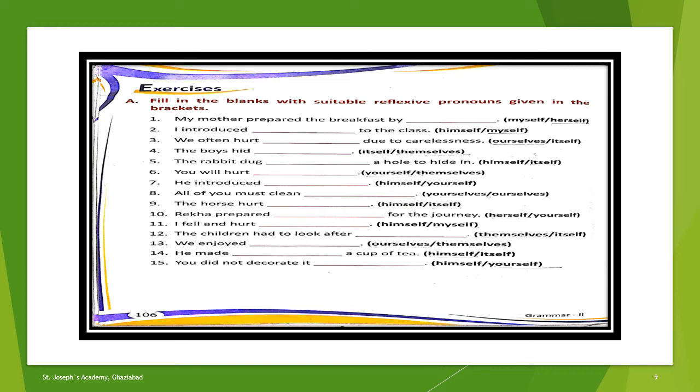Second, I introduced dash to the class. And the options given are himself and myself. As in the video, you have already learned that when the subject is I, the reflexive pronoun will be myself. So answer will be myself.